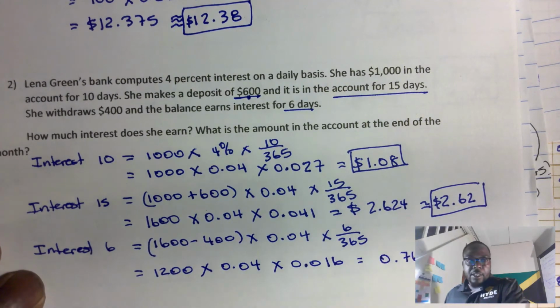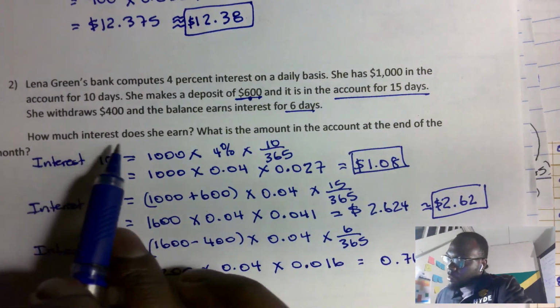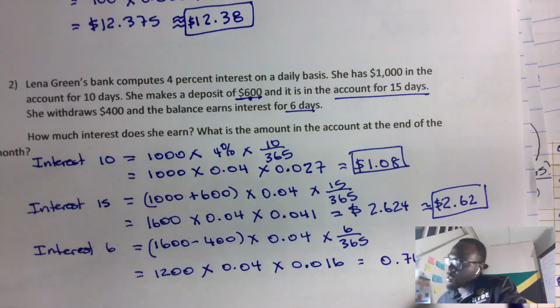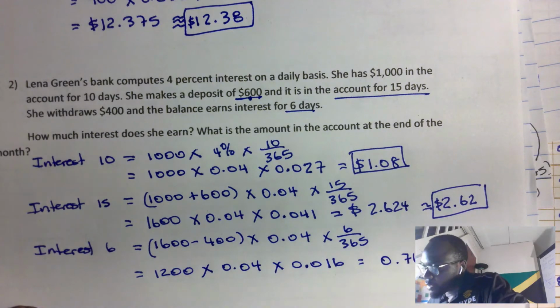Okay, so now I can proceed to answer. It says, how much does she earn? So for me to calculate how much she earns, I'm just going to add all these interests here.